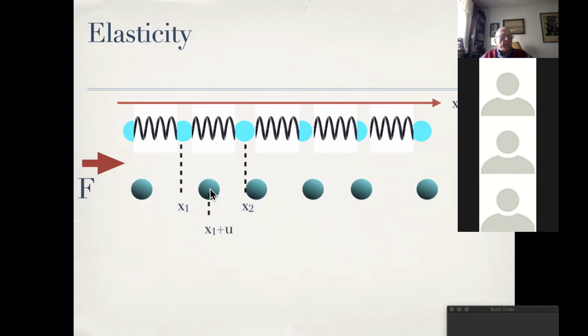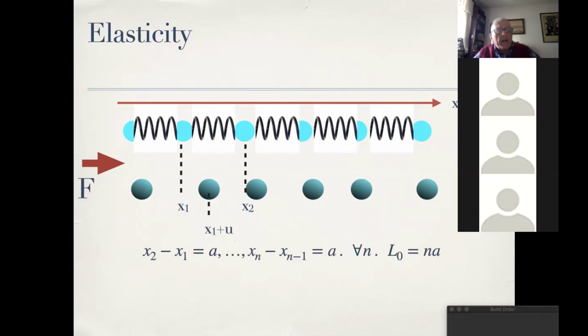So that particle, for example, particle number 1, has moved a little bit from position x1, and that means that its new position will be x1 plus a certain deviation from the equilibrium position, which I have denoted as a little u.